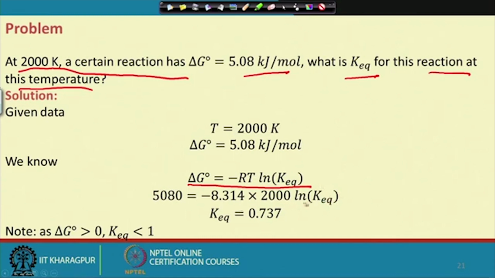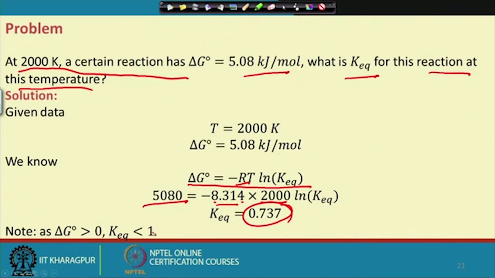The K equilibrium constant is not given. We have the gas constant 8.314, which is known to us, the temperature is 2000 Kelvin, and the change of free energy is this. Then we can find out that if K is a fraction, that means del G is greater than 0, then K is less than 1.